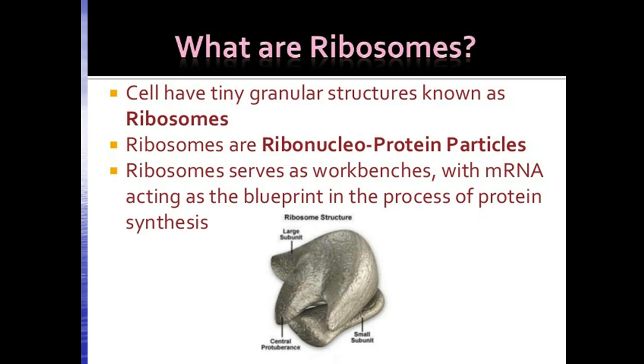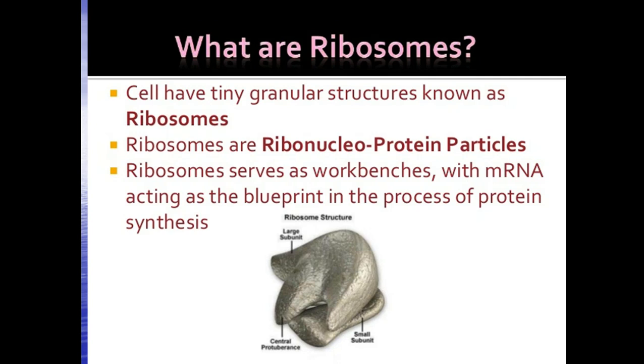Chemically, if you analyze the chemistry, ribosomes are nothing but ribonucleoprotein particles. Ribosomes serve as a workbench, with messenger RNA acting as the blueprint in the process of protein synthesis.